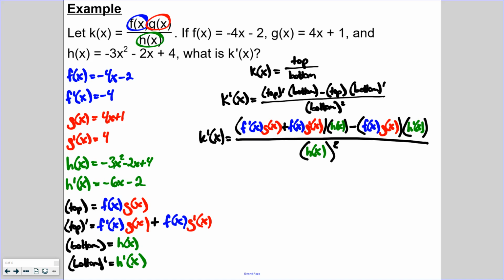Plugging everything in. So let's see. This is going to give us, we know that f prime is negative 4 times g, which is 4x plus 1, plus f, negative 4x plus 2, times g prime, which is 4, and that is times h, which is negative 3x squared minus 2x plus 4.